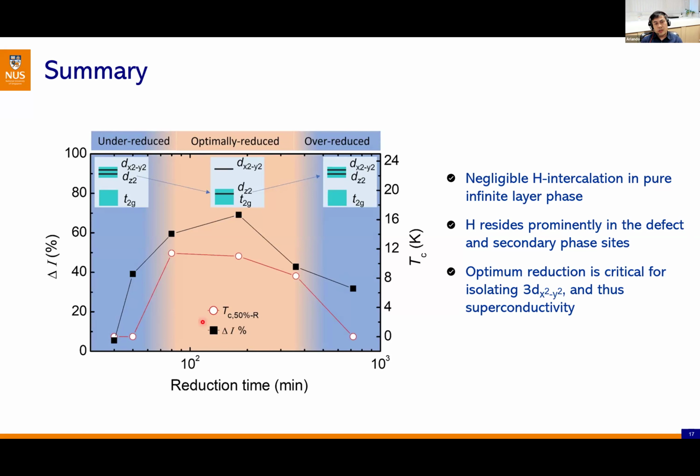So the optimum reduction seems very critical, in particular to obtain these isolated 3dx²-y² orbitals, and thus the superconductivity. So with this, thank you for your attention.